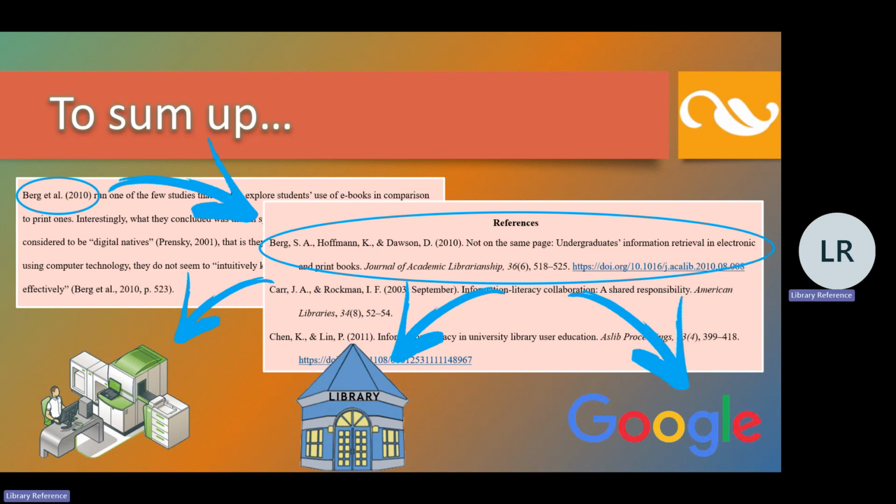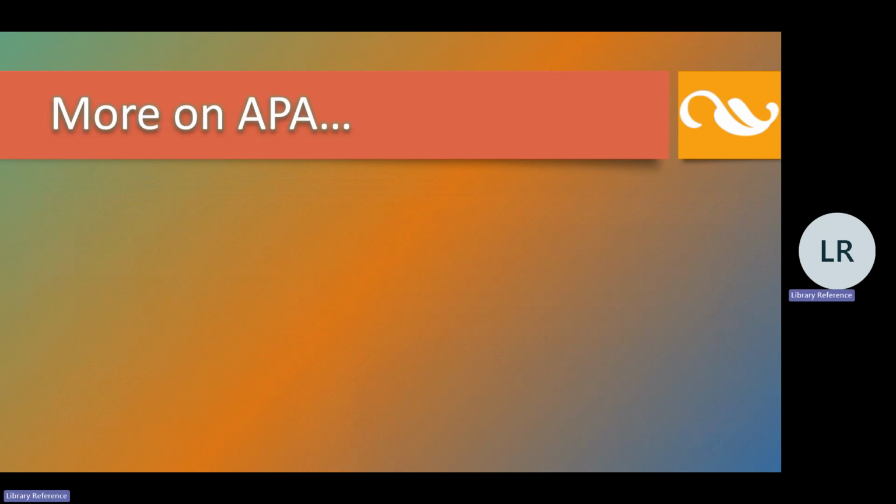So by properly citing your sources in your text and by properly citing them in the list of references, you actually help your reader understand and get all the information they need in order to locate the sources that you have used.